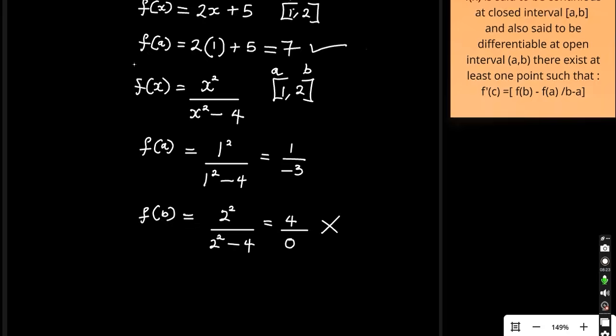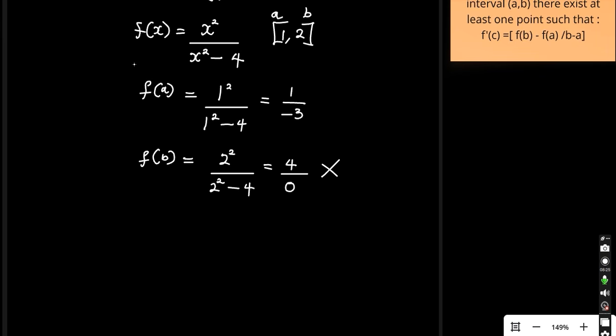We've talked about the rational function. Let's look at a square root function. If I have f of x is equal to the square root of, let's say, x minus 3 on the interval [1, 5].